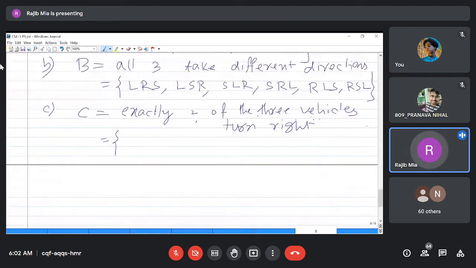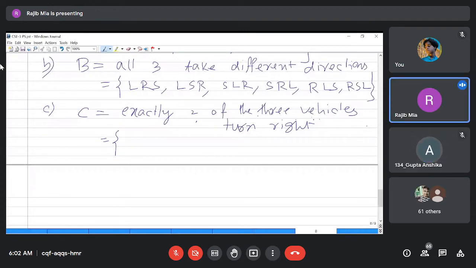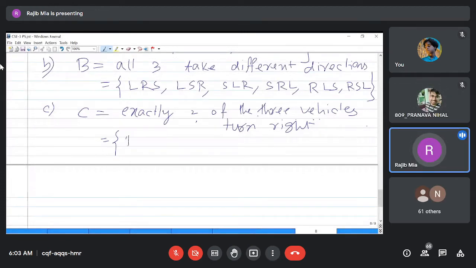So exactly 2 of the 3 vehicles turn right. Suppose the first 2 turn right, then the third may be left or straight. So RRL or RRS. Also, we can interchange these: LRR and SRR.